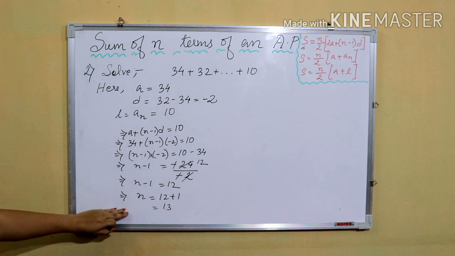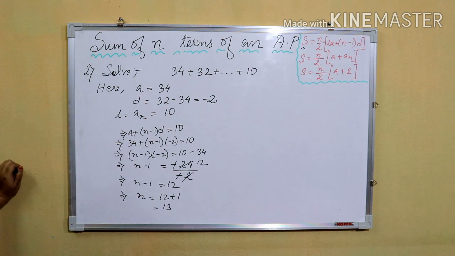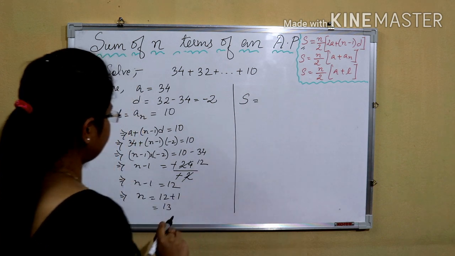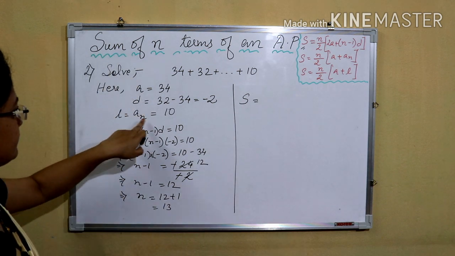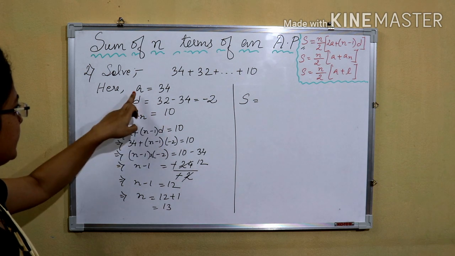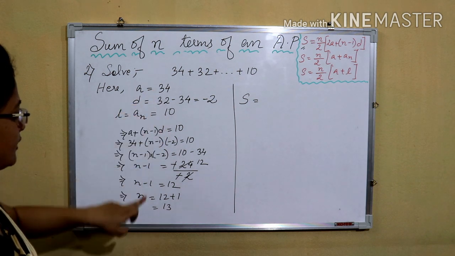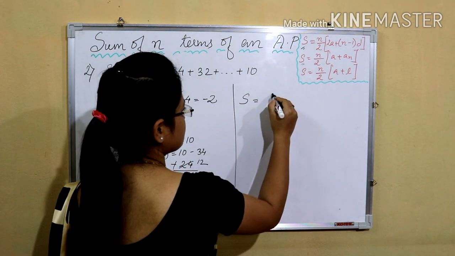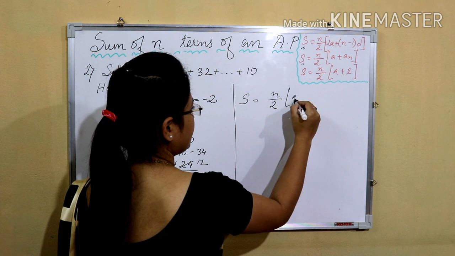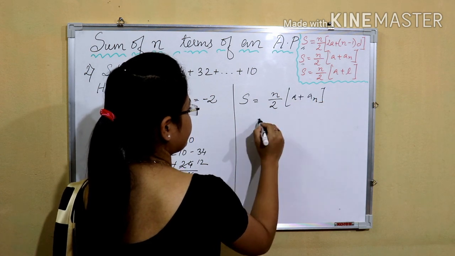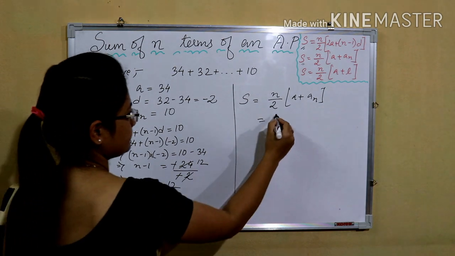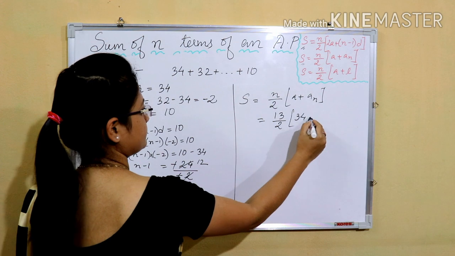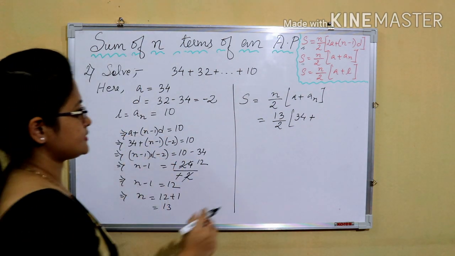So as we know N now, we can find out the sum. S is equal to, as AN is given as 10 and A is given as 34 and we got N. Can we use the second formula? Yes, we can use N by 2 into A plus AN. So N we got as 13. 13 by 2, A is 34, AN we got as 10.